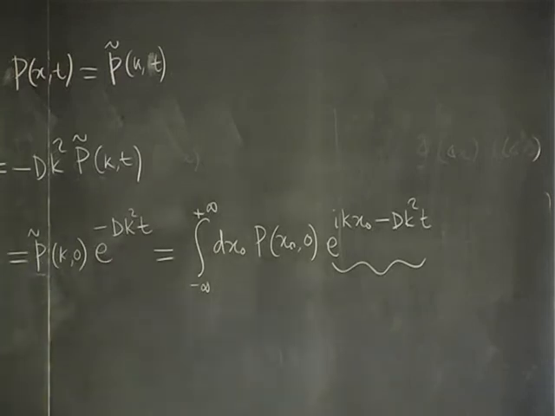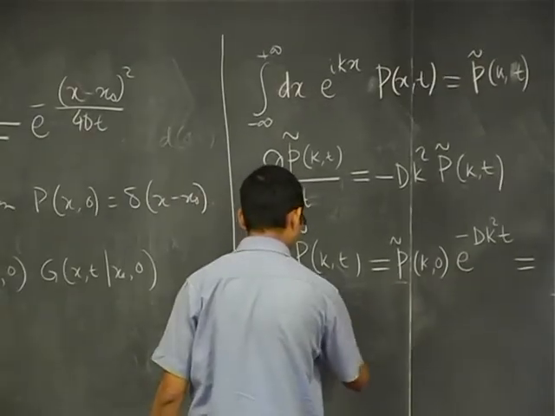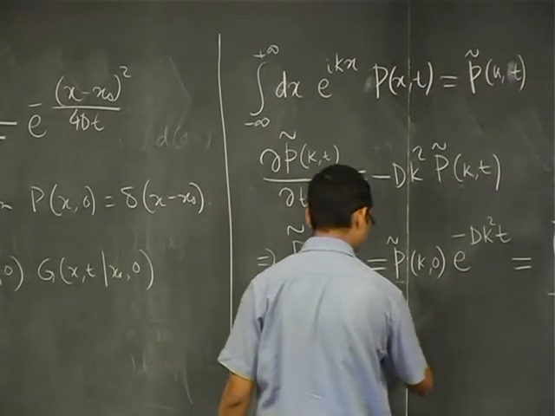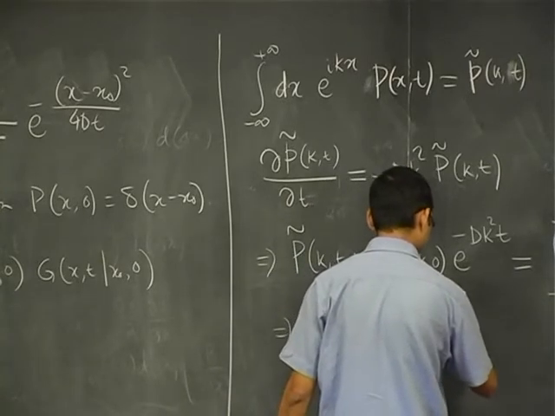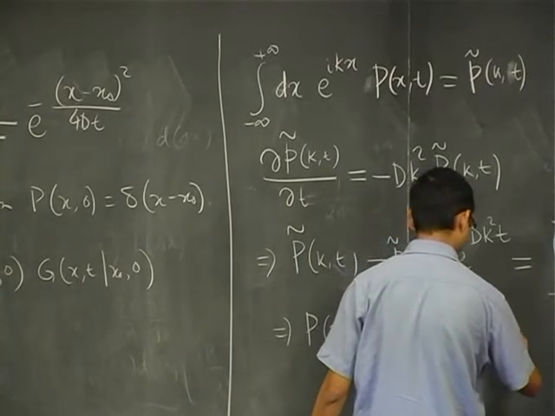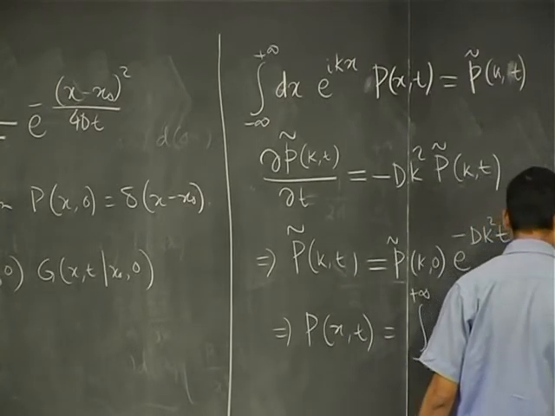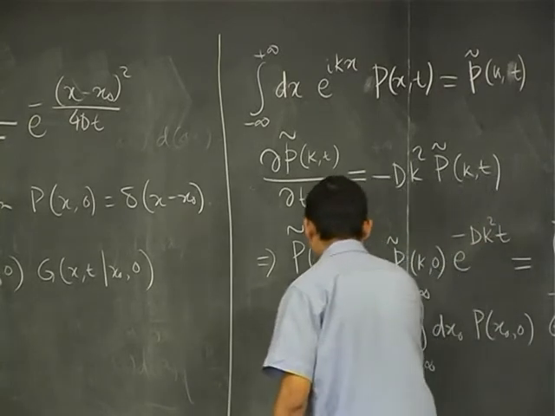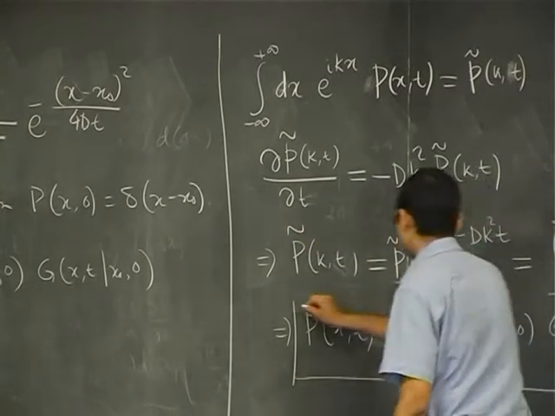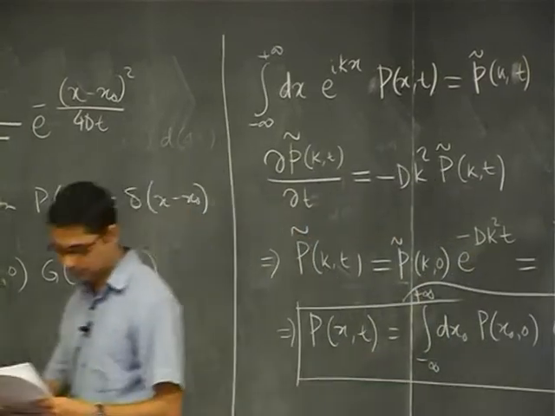In fact, that Gaussian distribution is this one. So if I invert this, p of x, t, what do I get? Integral from minus infinity to plus infinity dx0 p of x0, 0 g of x, t, x0, 0. This is what I get.